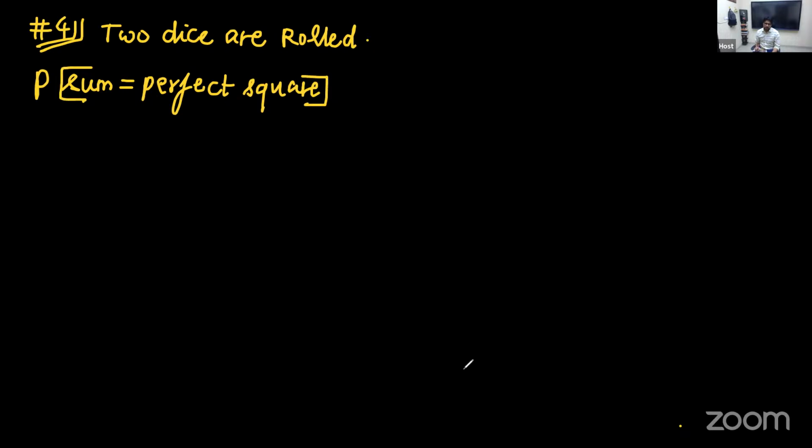If two dice are rolled, there are a number of possibilities.